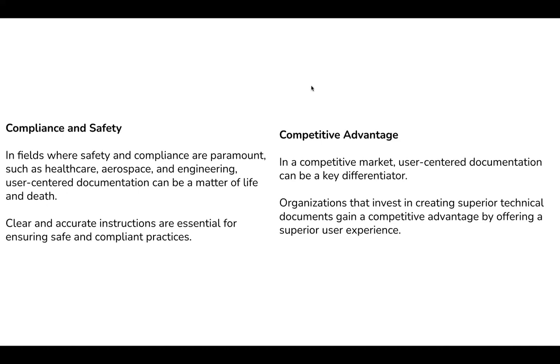The use of templates, creating glossaries, checking spellings, use of consistent terminologies and the likes.